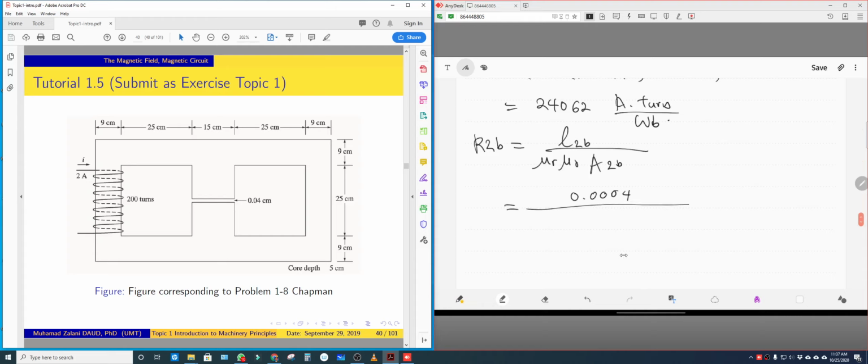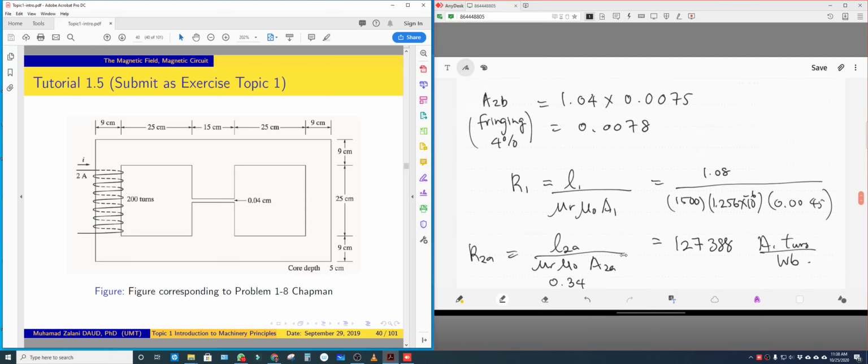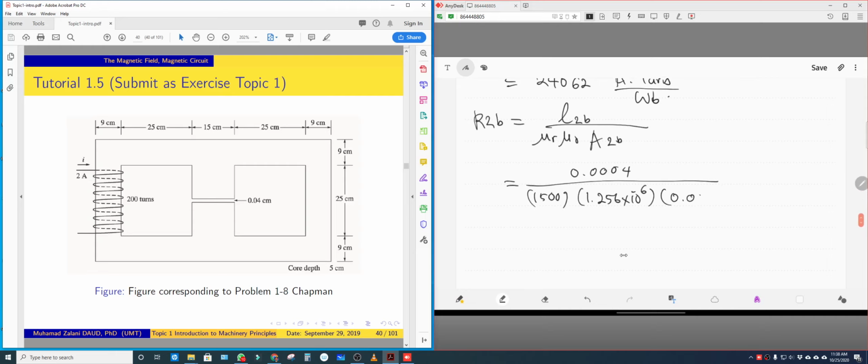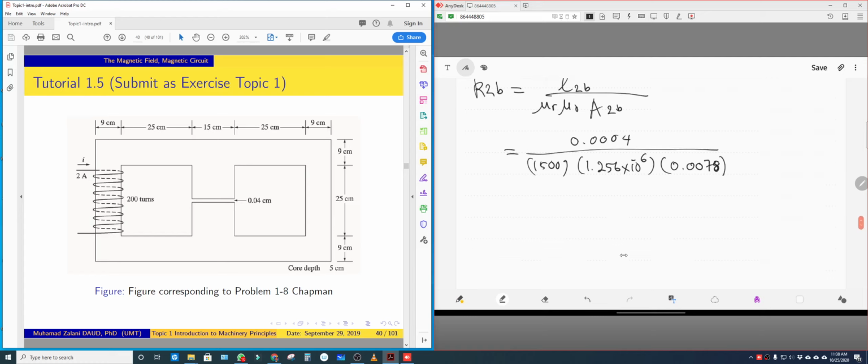Since A2B ni dia ada fringing effects, tadi fringing effects yang ni 0.0078. Alright. Then dia punya reluctance punyalah besar, dia jadi 408.29.